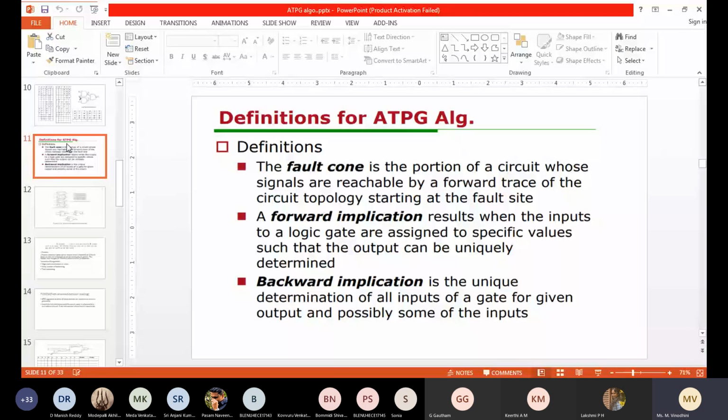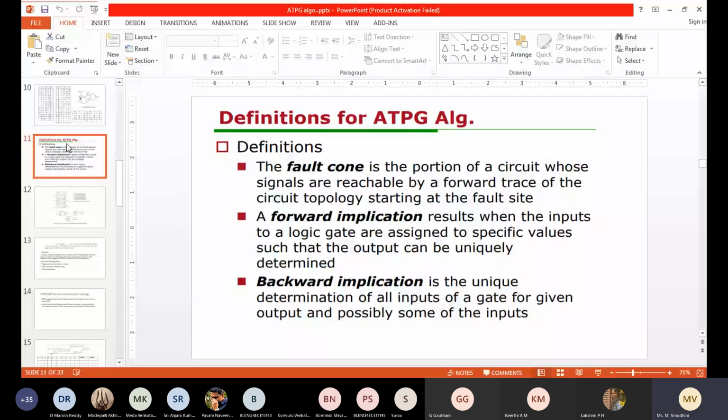So the portion of a circuit whose signals are reachable by a forward trace of the circuit topology starting at the fault site, like a part of a bigger circuit that you cut, we call a fault cone.